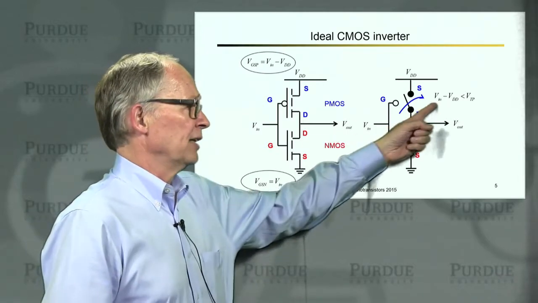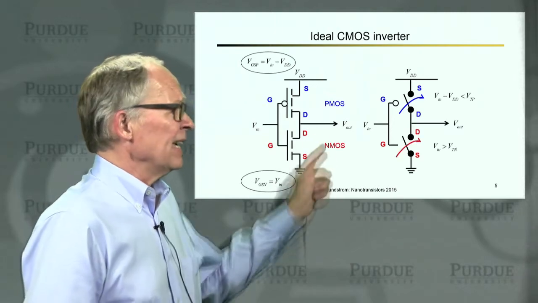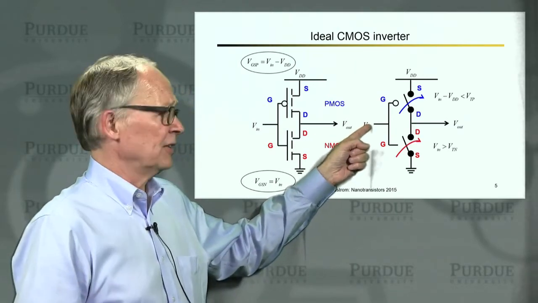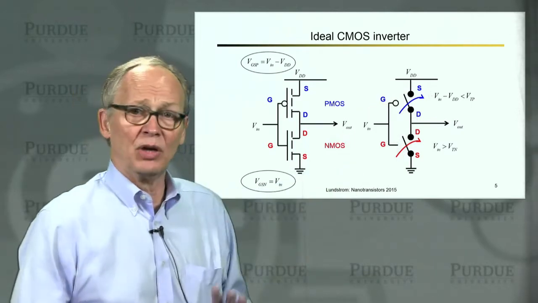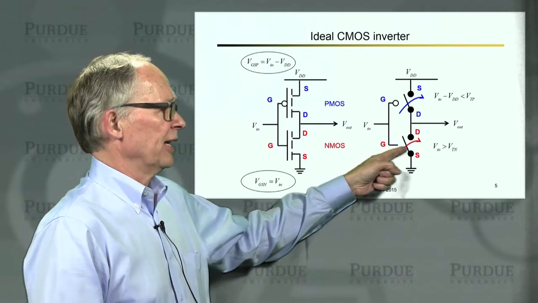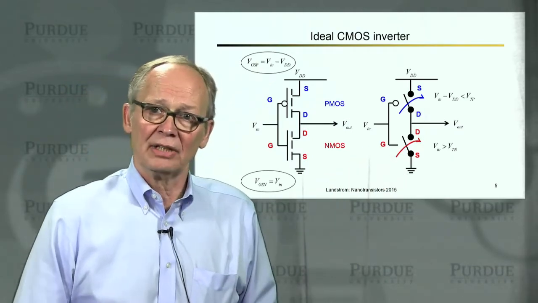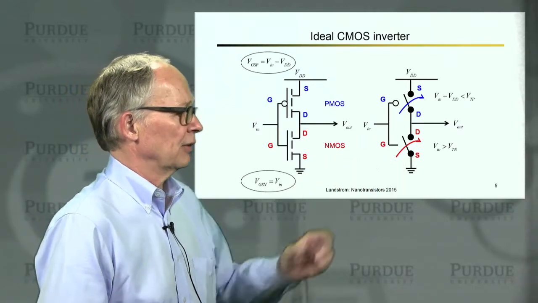That flips the switch, and the P-MOS transistor is on. If we have a high voltage on the gate, then we have no voltage difference between the gate and the source of the P-MOS. That's off, the switch is open. But a high voltage on the N-MOS device flips the transistor on, and that switch is flipped and the device is on, and the output is connected to ground.